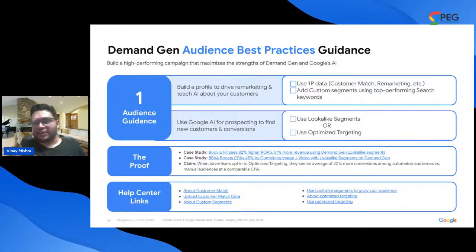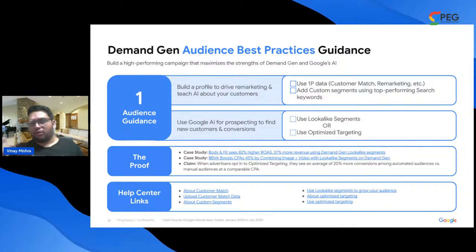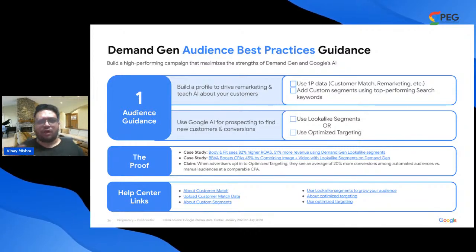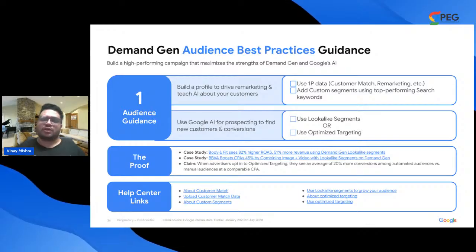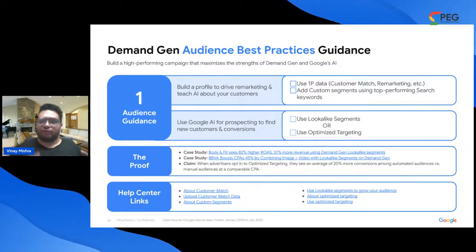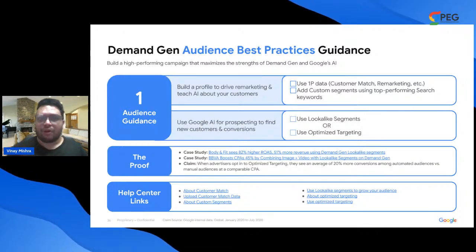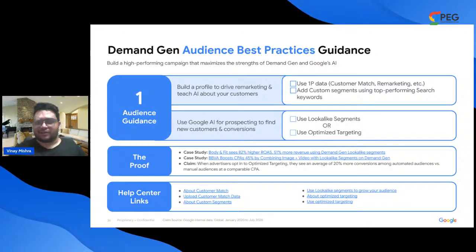Based on this, you can select what exactly you want, whether you want to find users who are similar or lookalike to your existing users, or you want Google Ads to fetch new users based on the creatives that you have, and the targeting that you have, the location targeting and so on, right? So this is how you can go ahead and optimize. These are the best practices that you can follow when you're talking about audience best practices in Demand Gen campaigns.